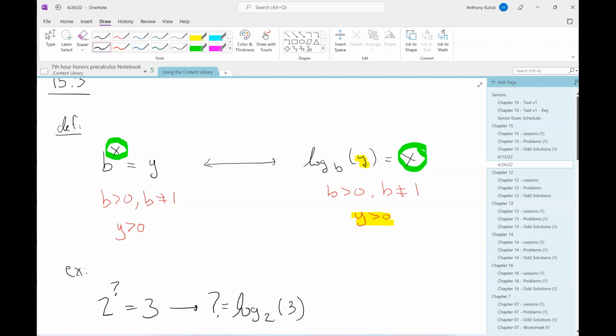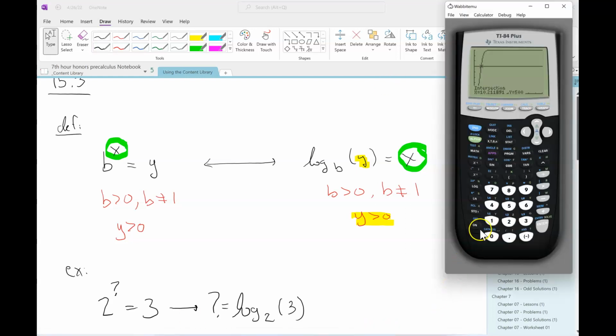Now that number has a decimal representation also. If I wanted to fire up my calculator, I could type this in. To type in a log of any base, I press the math button, scroll down to the bottom till I find the log base command, and then type it in just like it looks on my sheet of paper. So log base 2 of 3 is 1.58, and so on. Probably an irrational number.